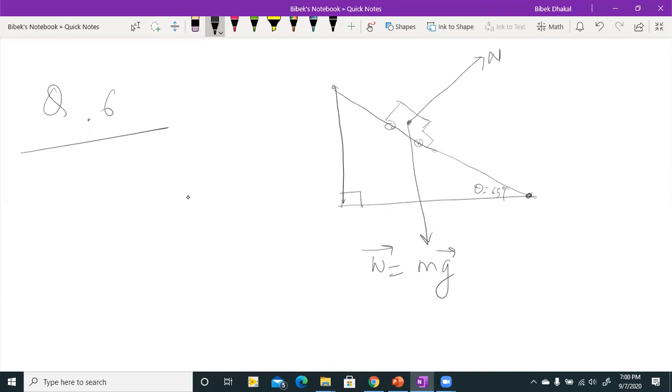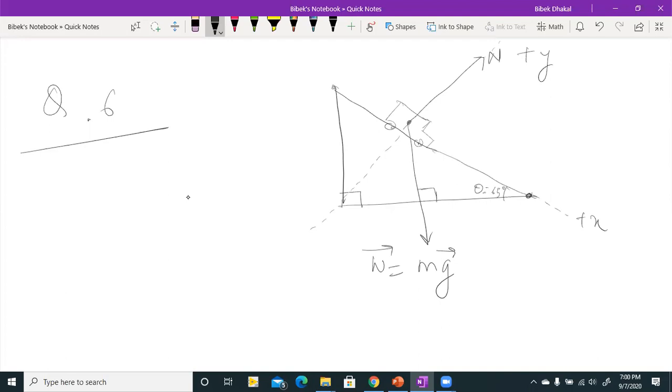And you can just resolve it back like this. Let us suppose this direction to be positive y, this direction to be positive x. If you look at this small triangle, this is a right triangle.